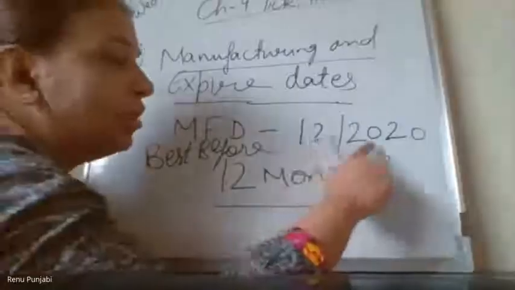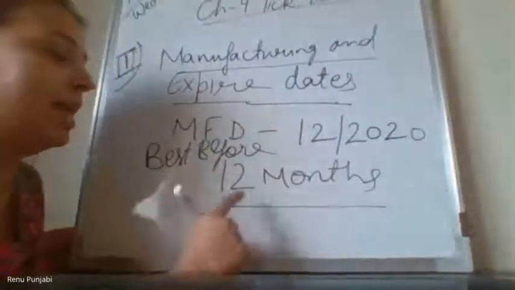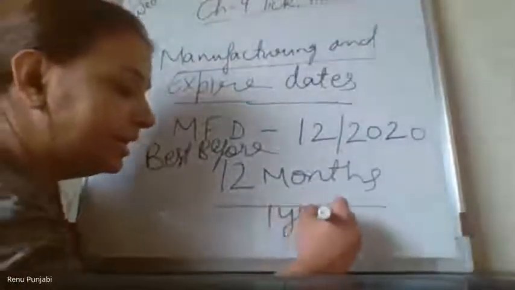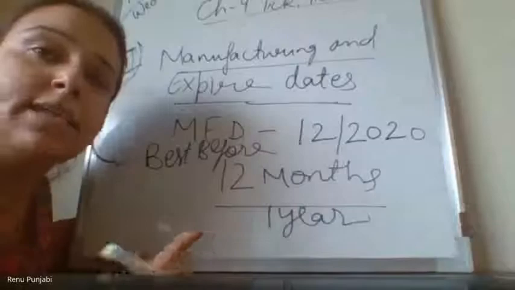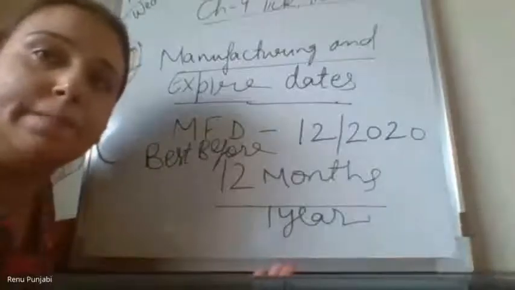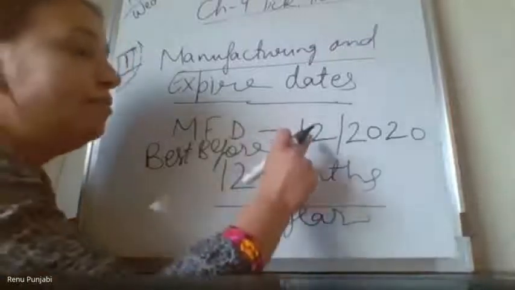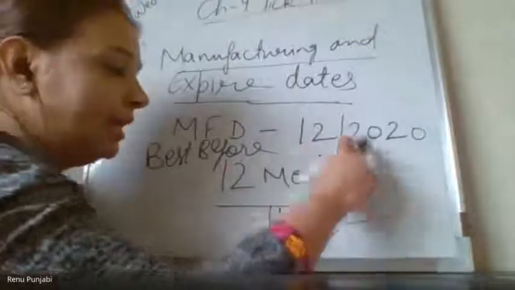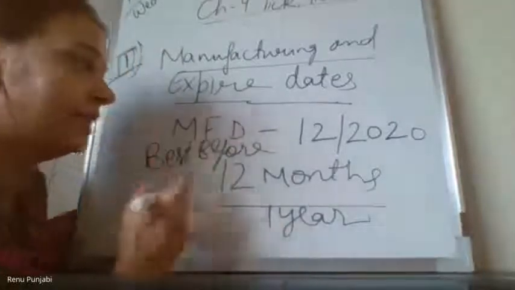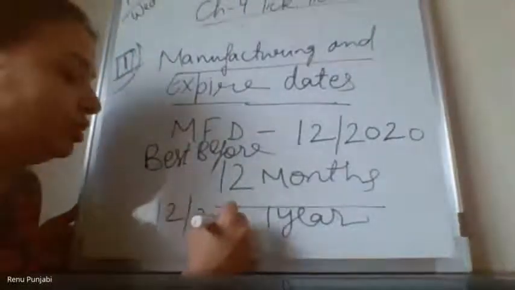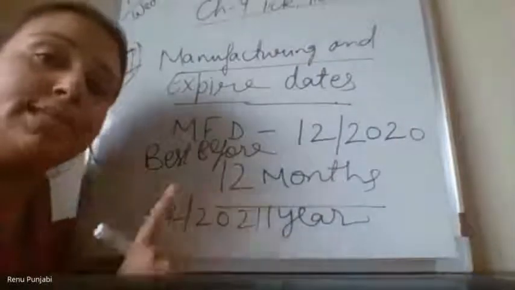From 12/2020, 12 months means 1 year, or they mention best before 1 year, or best before 12 months, or best before 18 months. Then you have to calculate the number of months to the expiry. So from 2020, 12 months is 1 year, means it will expire in 2021. It is best before.